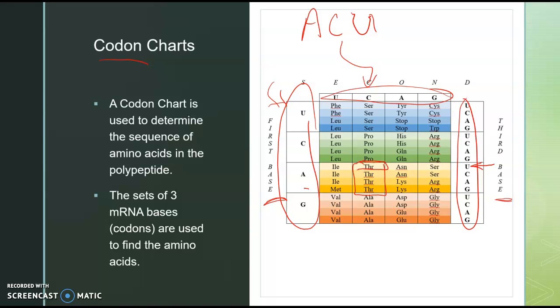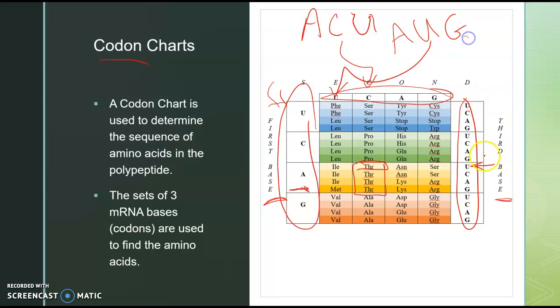amino acid. Now, what if I had a codon that was AUG? Well, A is right here, so it's going to be in the yellow. U is found right there, so it's going to be the first box on the yellow.